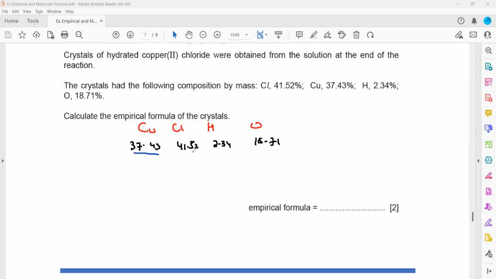We divide them by atomic mass. So copper is 64, chlorine is 35.5, hydrogen is 1, and oxygen is 16. After dividing them by atomic mass, we get 0.584 for copper.